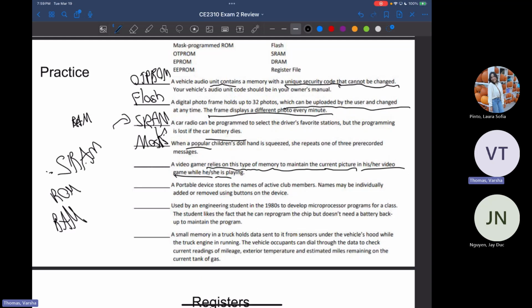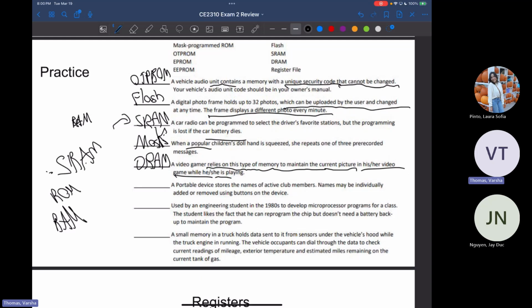It requires quite a bit of memory to maintain all of the information that a video game has, and DRAM is the type of memory that can hold the most. So we're going to stay with DRAM.